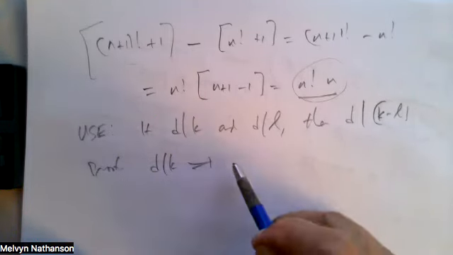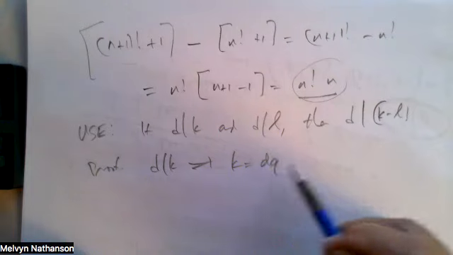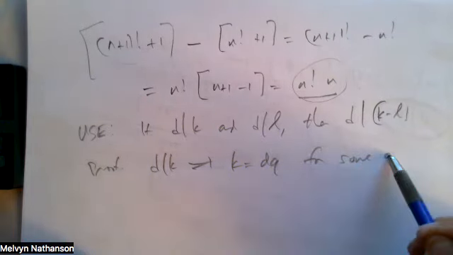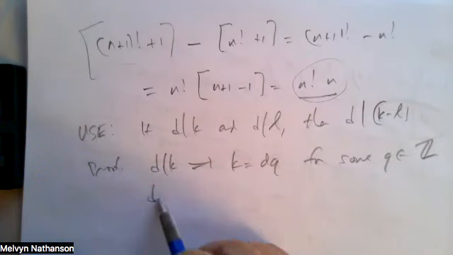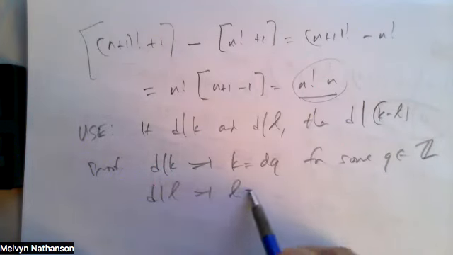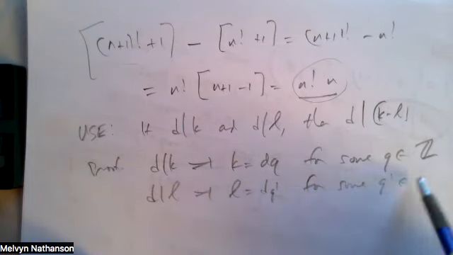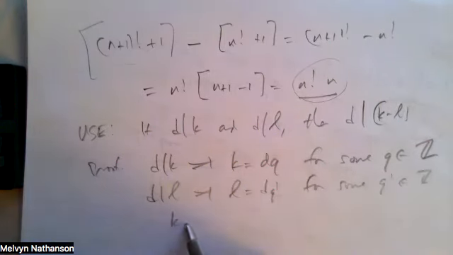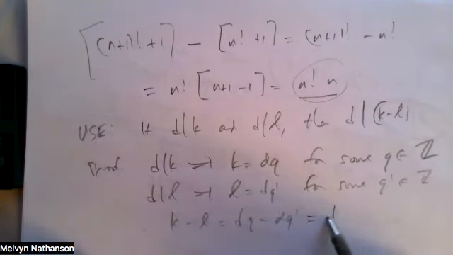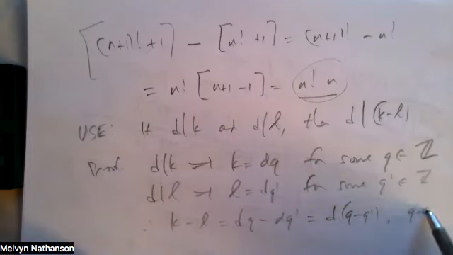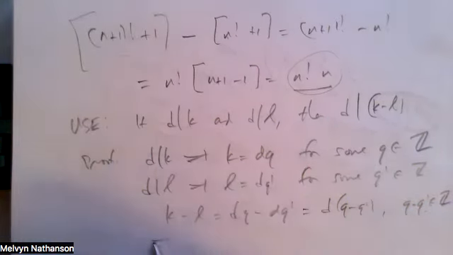If D divides K, that means K is DQ for some integer Q. And if D divides L, that means L is DQ' for some integer Q'. So therefore, K minus L is DQ minus DQ'. If you factor out the D, you get Q minus Q'. Q minus Q' is the difference of two integers, so it's certainly an integer. So therefore, D divides K minus L.